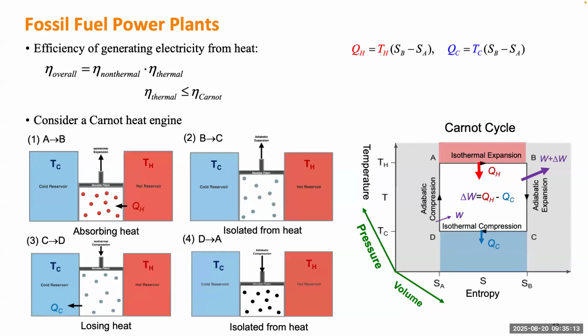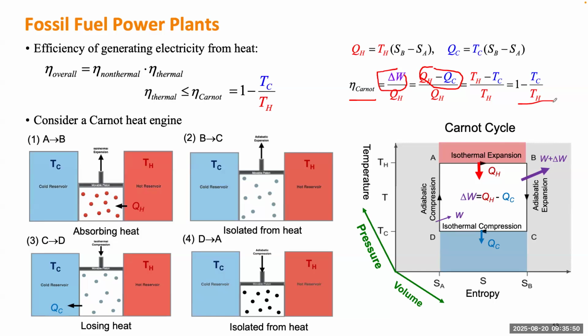And the direction of expansion is doing the work. And that work has to be equal to the change of the heat because of the conservation of energy law, right? So this work has to be equal to the change of the heat. And we plug the top two formulas into the bottom one, and we can get the idea. The efficiency is just equal to 1 minus the ratio of the low temperature to the high temperature.